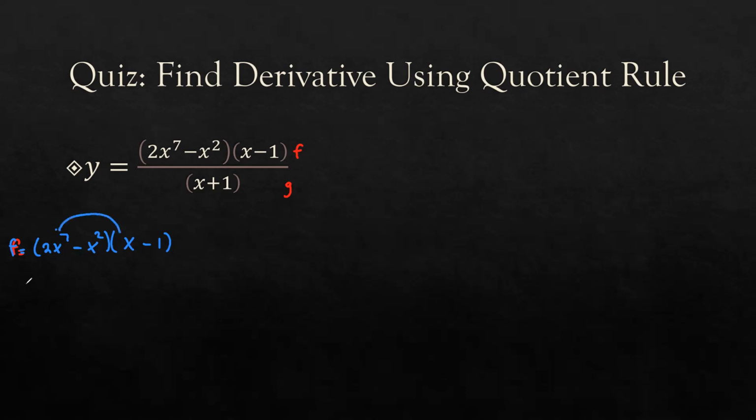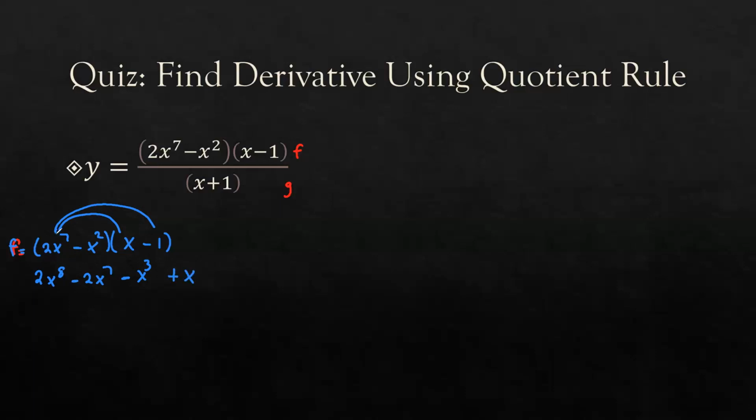So this would be 2x^8 minus 2x^7, this would be minus x cubed, and then plus x.